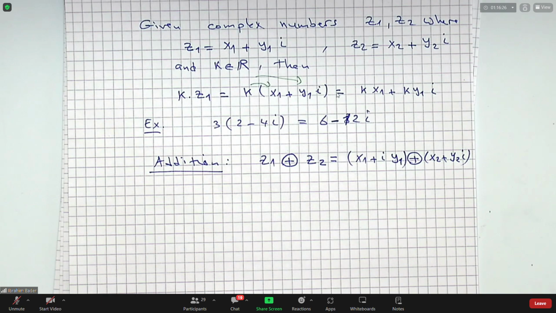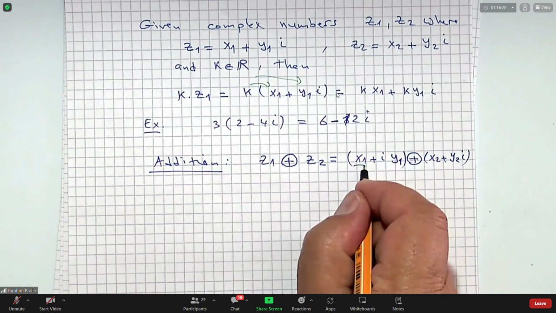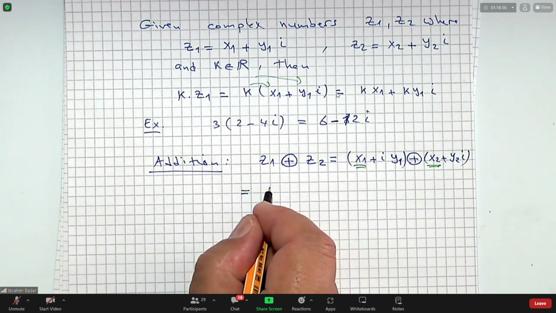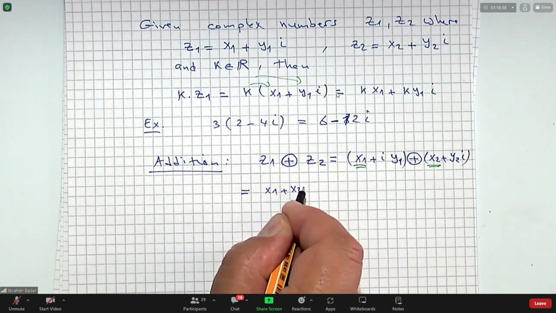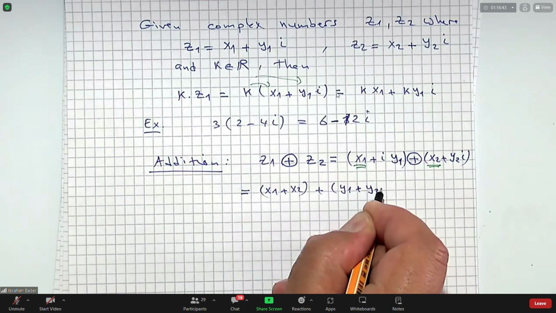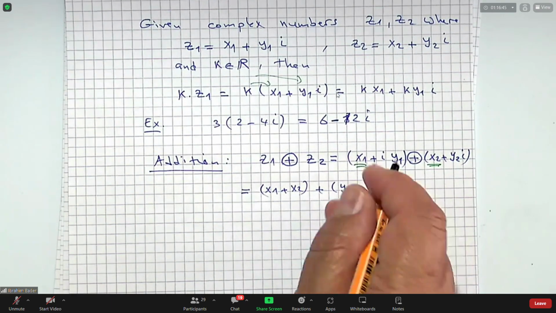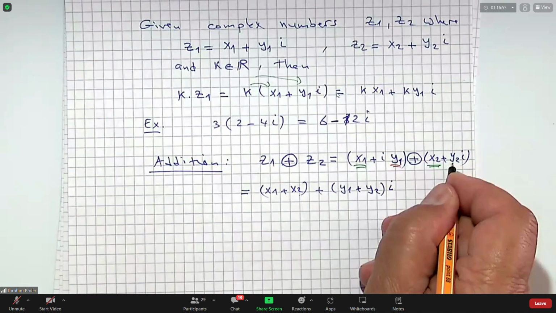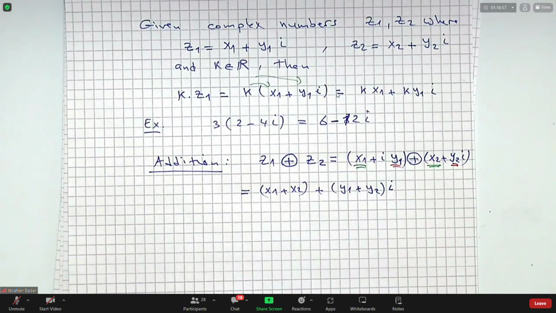What we do here is done component wise. So I add the X component to the X component and the Y component to the Y component. So this is equal to X1 plus X2 plus Y1 plus Y2, and this is multiplied by I. Notice that I appears only once. So I add the X components together and the Y components together. This is how the addition is defined.